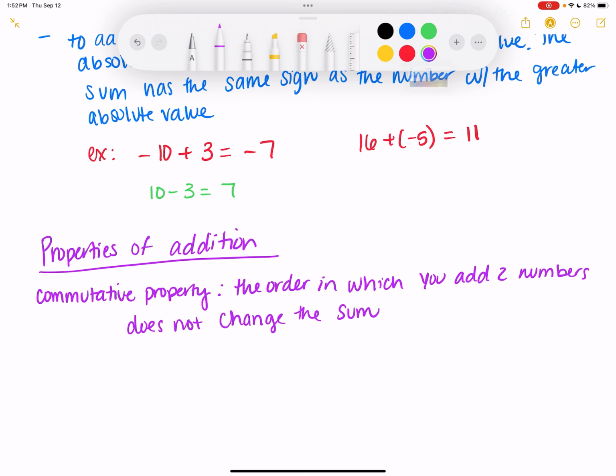So if I have A plus B, that's equal to B plus A.